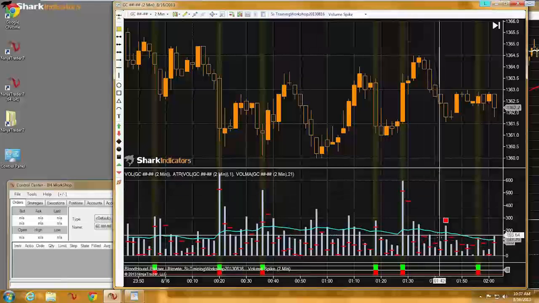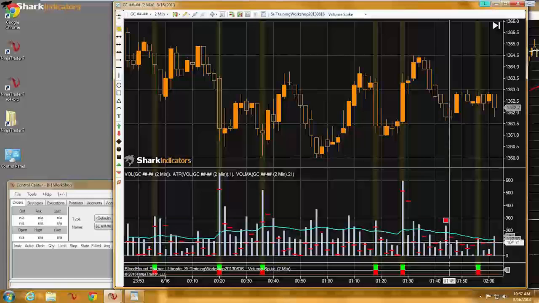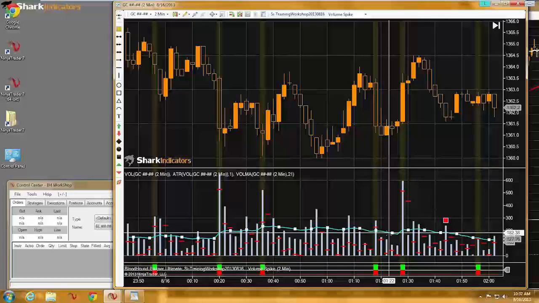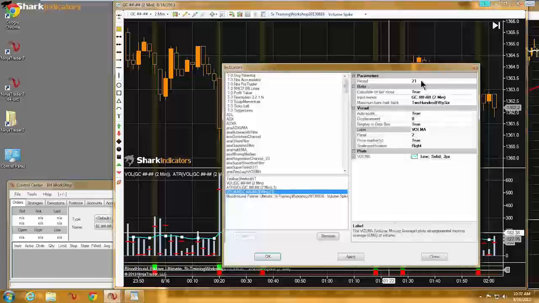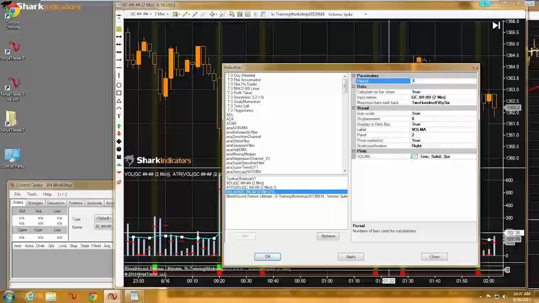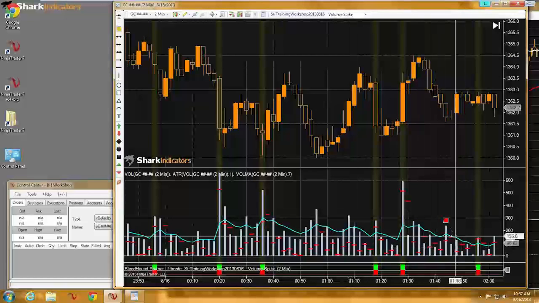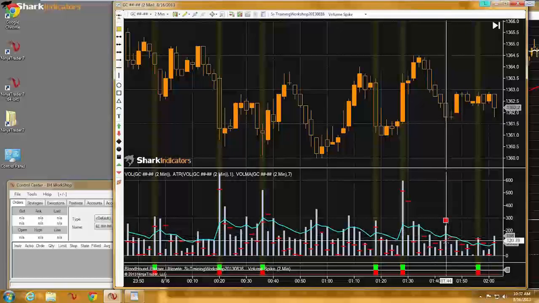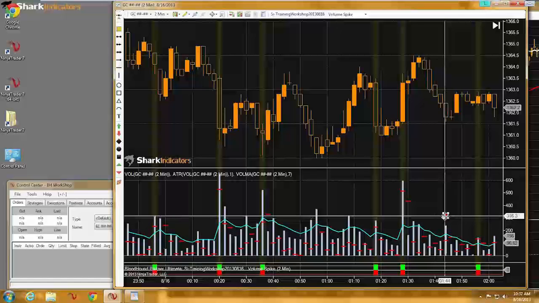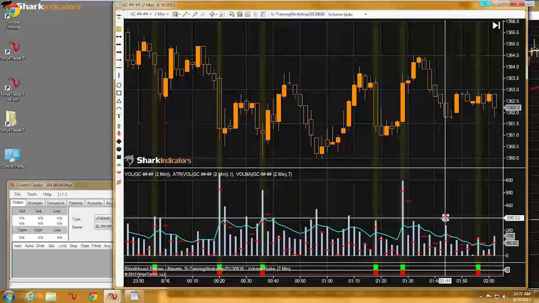Wait, actually that's going to be worse. That's right, because our ATR is below the moving average, so we need a shorter period moving average. So we'll cut it in half down to 7. No, that still doesn't work for this one bar here.